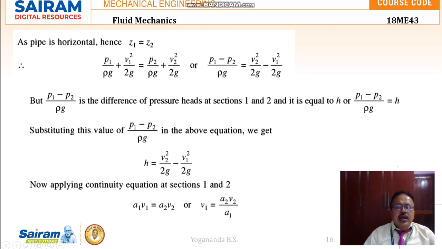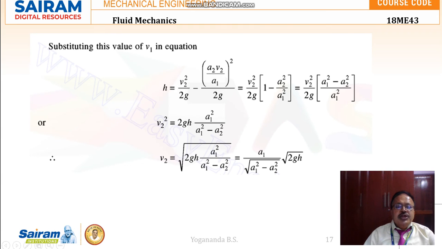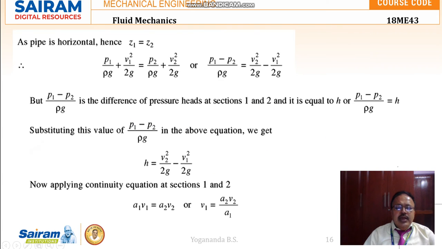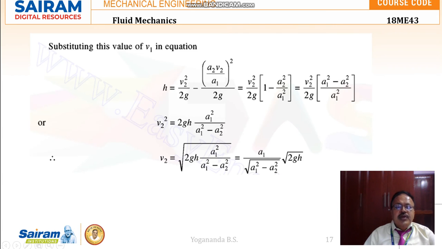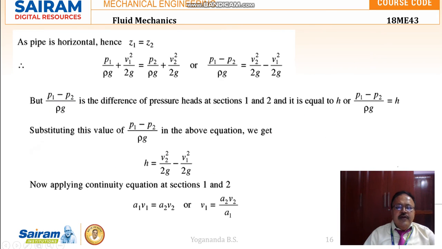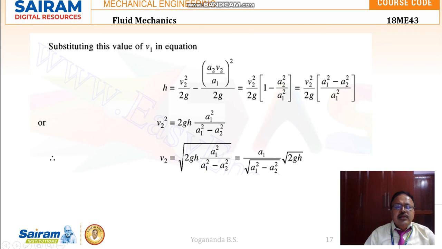Applying the continuity equation at sections 1 and 2, we have A1 V1 equal to A2 V2. So we can rewrite V1 as A2 V2 by A1. Substituting V1 in the H equation, we have V2 square by 2g minus, instead of V1, A2 V2 by A1 the whole square by 2g.